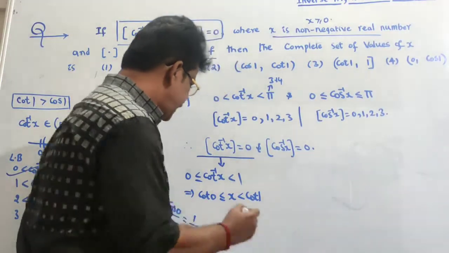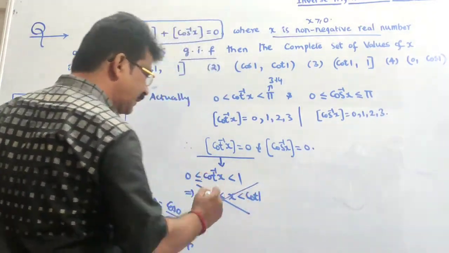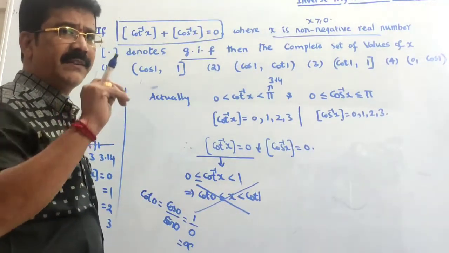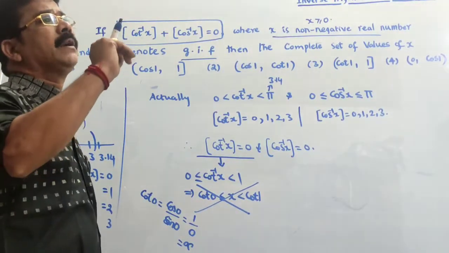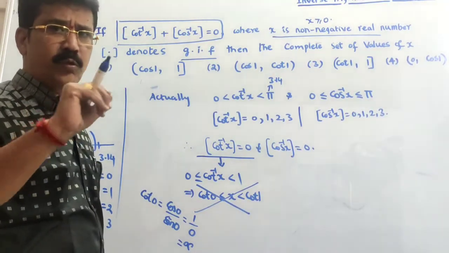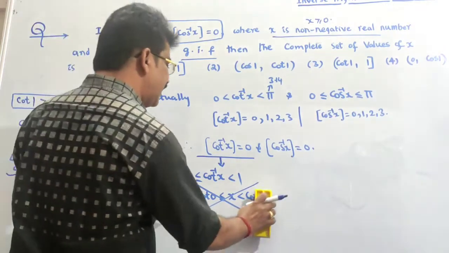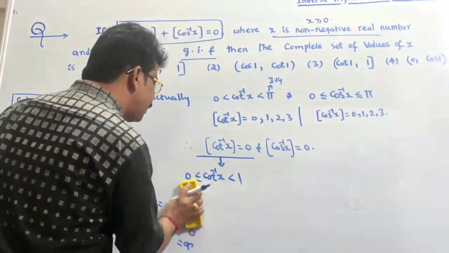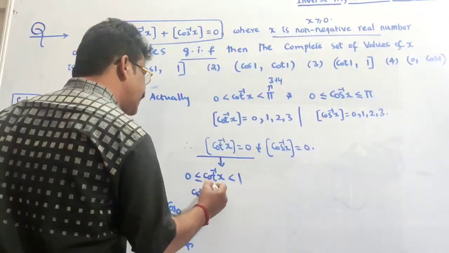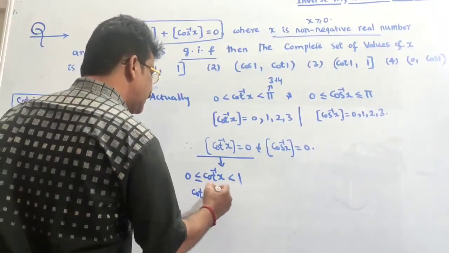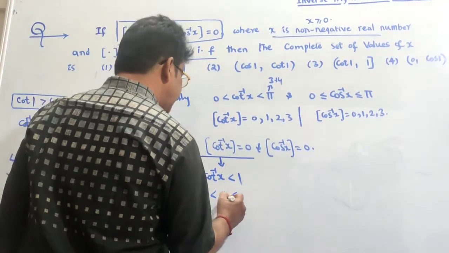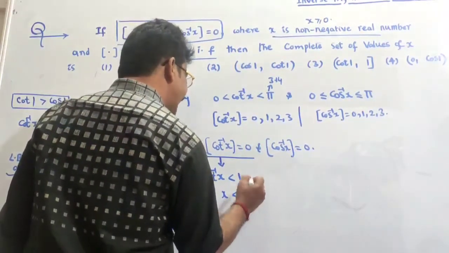But it is not right, because the cot x function is always decreasing. Means cot x function is decreasing in all four quadrants. That's why we should not write like that. We should write cot 1 less than x less than infinity.